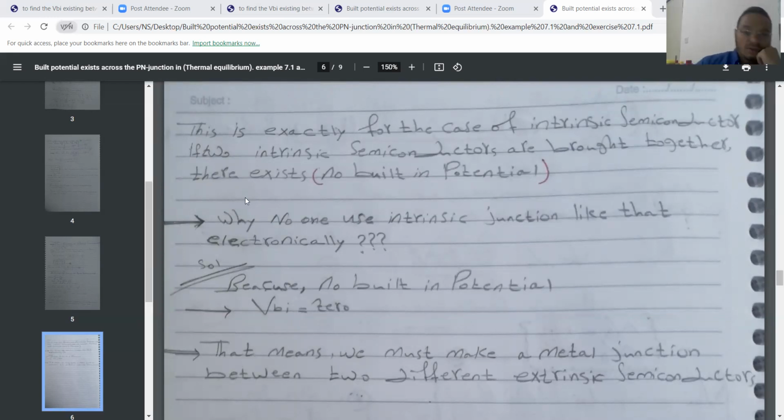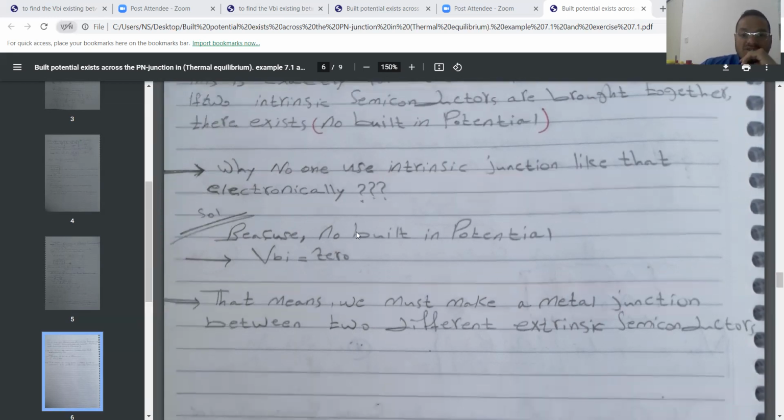Question: why does no one use an intrinsic junction like that? Why does no one use a similar-semiconductor junction?